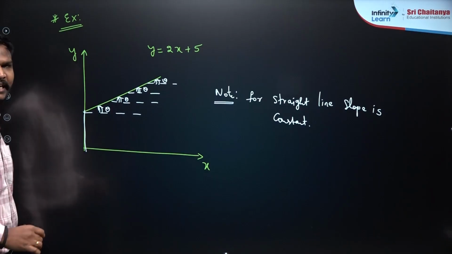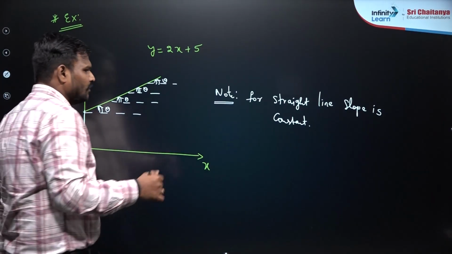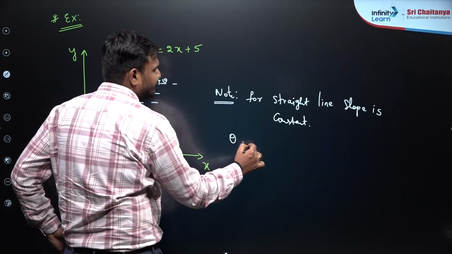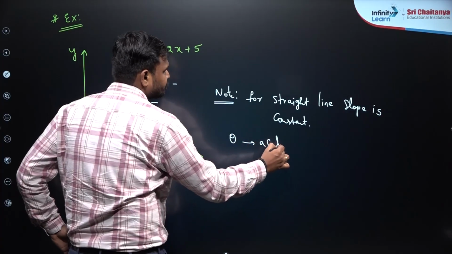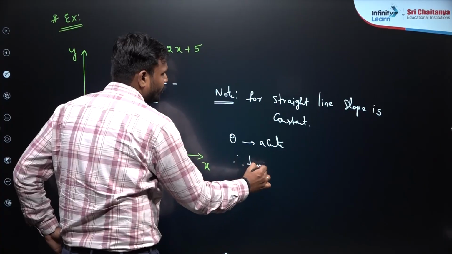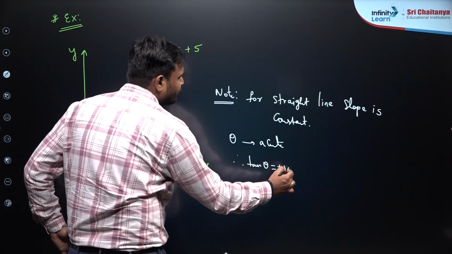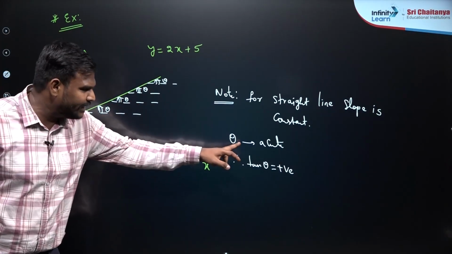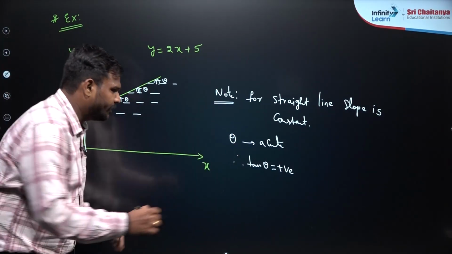In which direction, sir? Anti-clockwise direction. So we can also say theta here is an acute angle. Theta is an acute angle, so tan theta is going to be positive. So in this particular question, slope is constant and slope is positive.